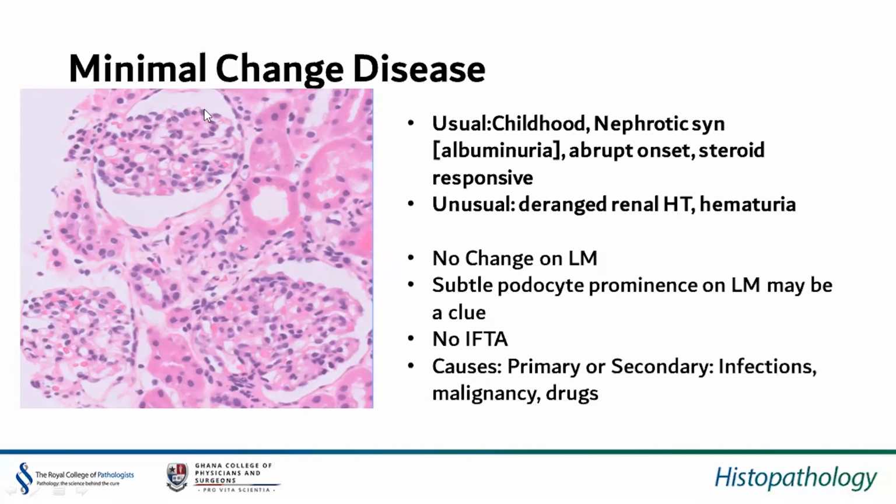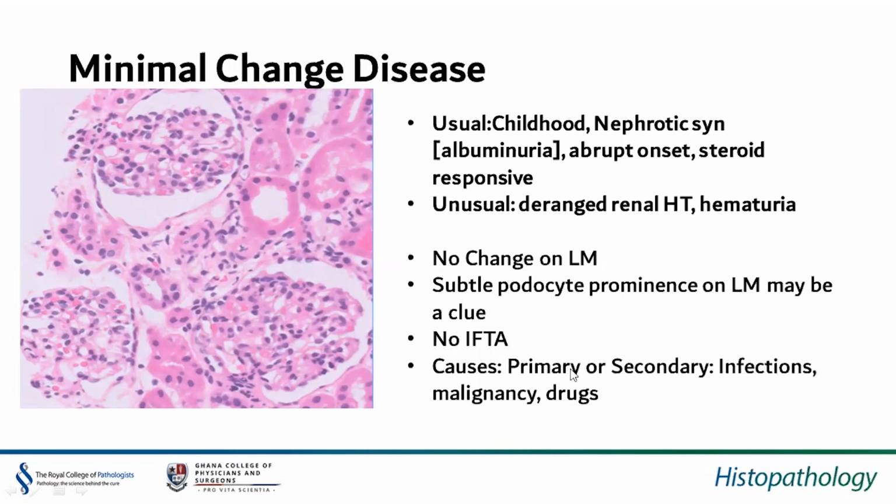Because they are damaged, they are stressed, and also because there's protein loss in the urine, the podocytes try to grab the protein as it's being lost in the urine, and they swell up and may become prominent. Typically, in minimal change disease, in the biopsy, you will not find any interstitial fibrosis or tubular atrophy.